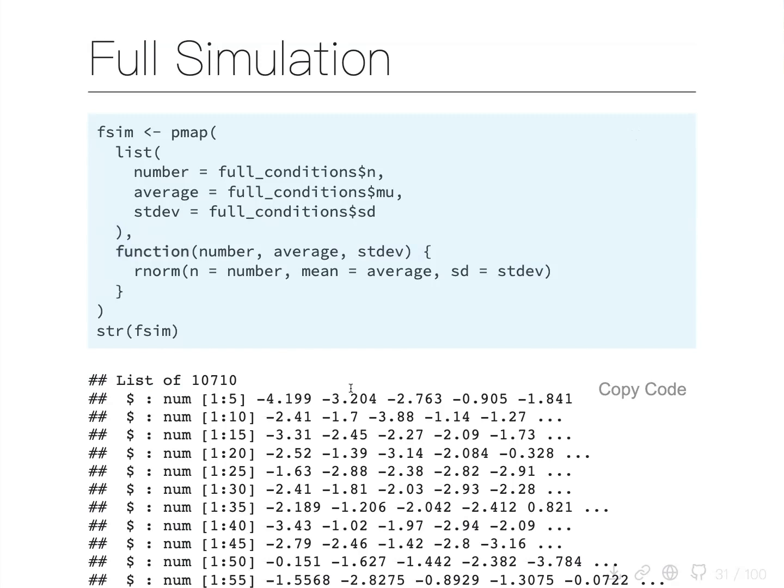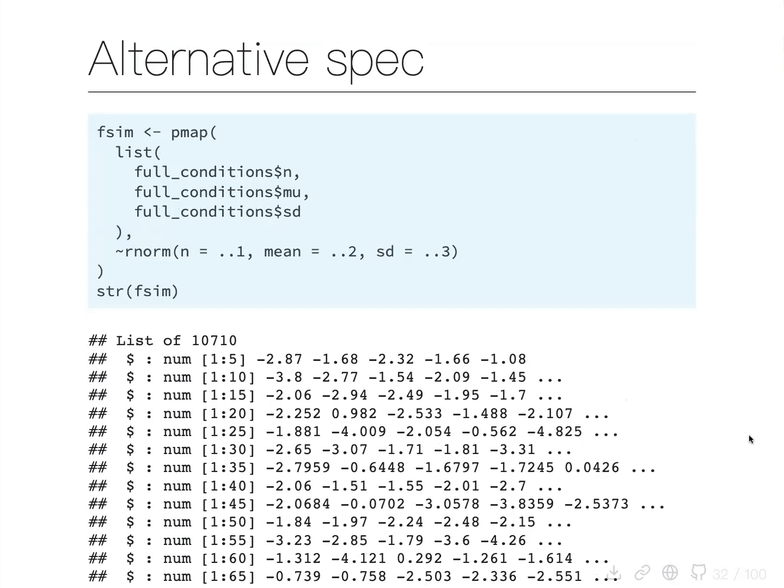An alternative specification is we can pass the list just like this, with or without names, it doesn't matter. But instead of doing our .x and our .y, we don't know how many there are going to be, right? It could be that we actually need .x, .y, .z, .xx, .zz, whatever.